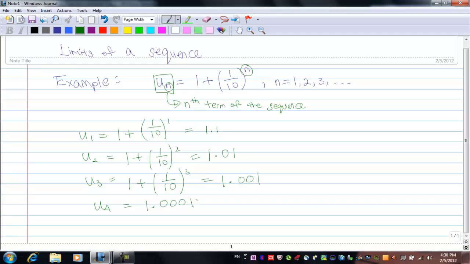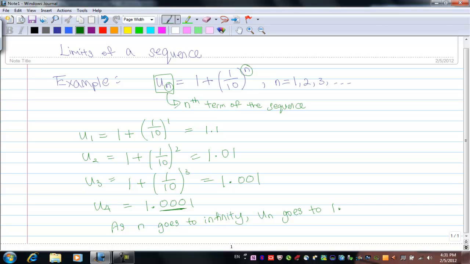Can you see that my numbers are all tending to a particular value? As I have more and more zeros here, in fact, as n goes to infinity, my number of zeros will go to infinity, right? So this means that un goes to 1 with an infinite number of zeros before another one. In fact, it's going to a value of 1.